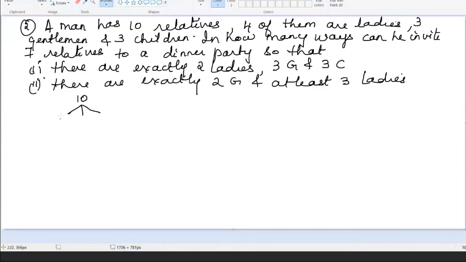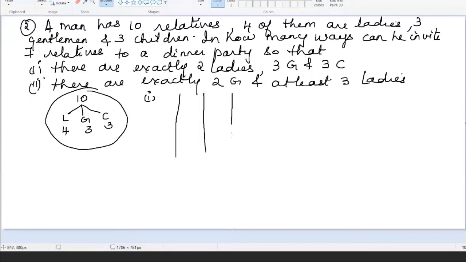So there are 4 ladies, 3 gentlemen, 3 children. So hope this picture is clear in your mind. Now, before I go to write the first answer using combinations, you have to always make columns like this. This will help you to understand the answer fast and quickly.